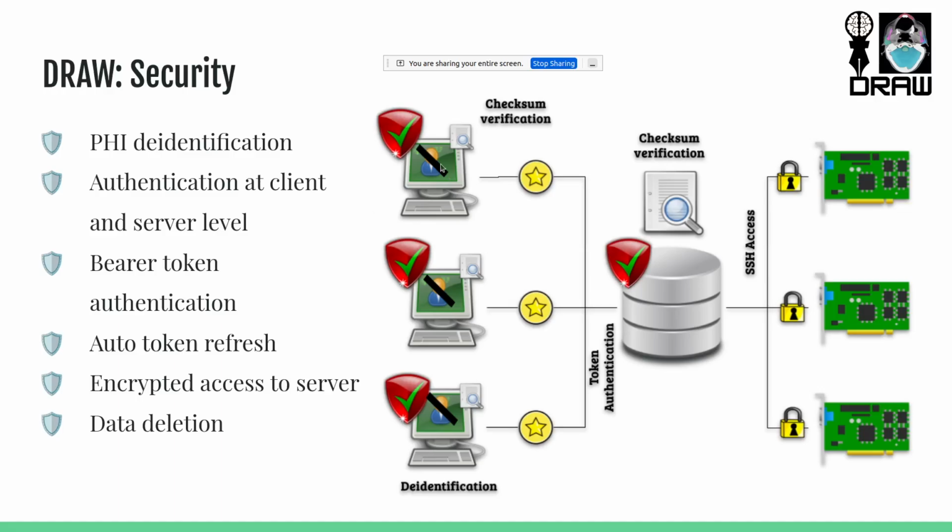So there is no manual password entry involved at any point of this time. The server access to the GPU machines is also through a secure SSH connection. So this does not happen over the usual HTTPS connection. This happens over a standard SSH connection, and we do not retain any data at the end of the process.